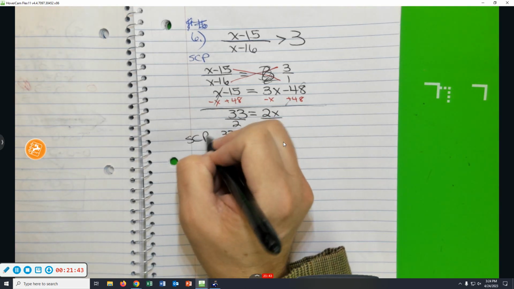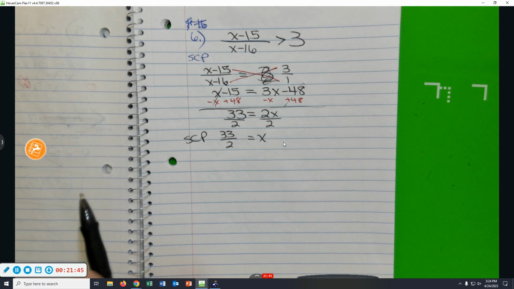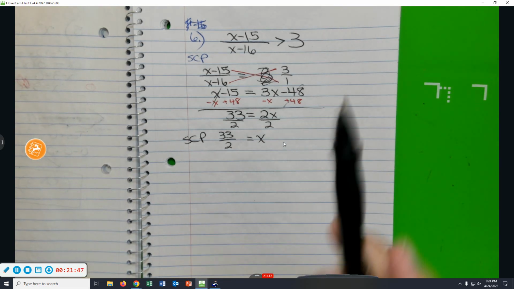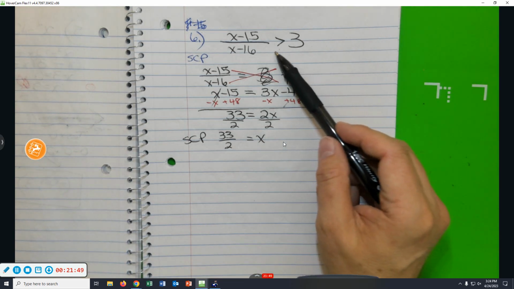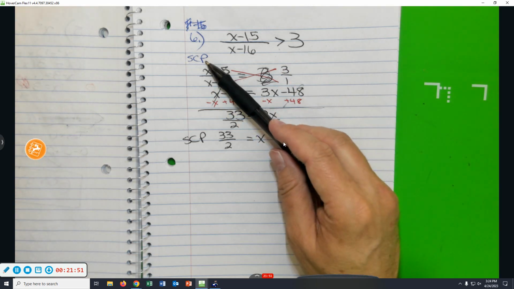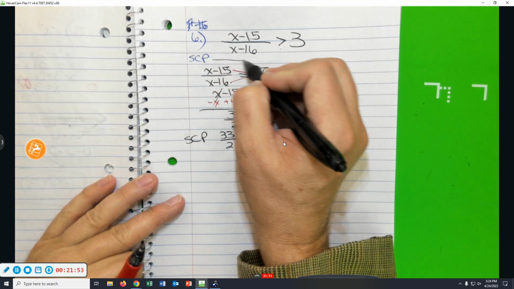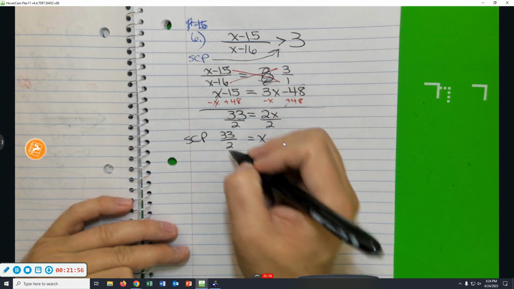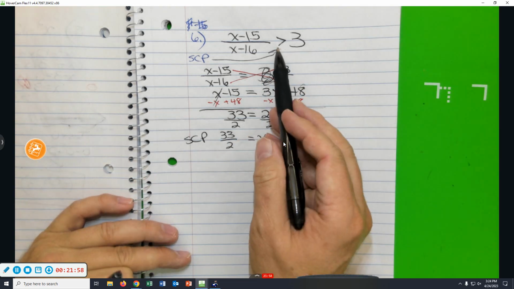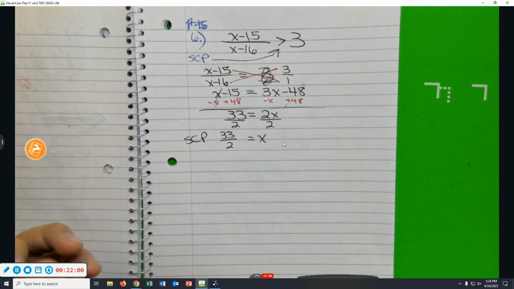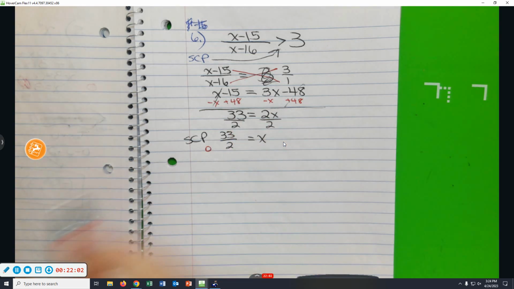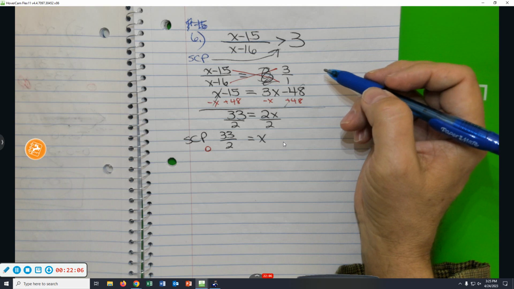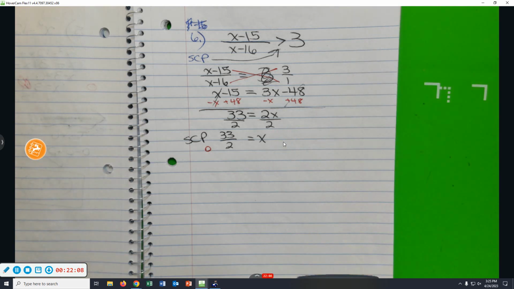Let's decide right now between open and closed circle. You look back up here, there's no equality. For solution cut points, you always look at the inequality. There's no equality, so it's going to be an open circle. For the denominator cut point, it's not x minus 15, it's the denominator.